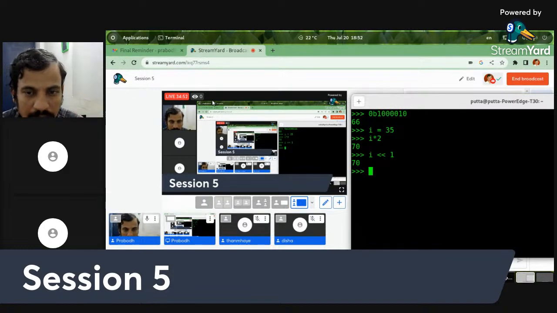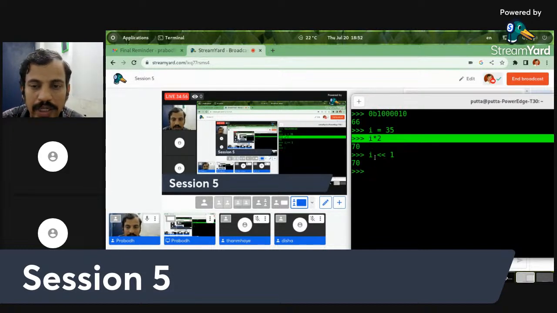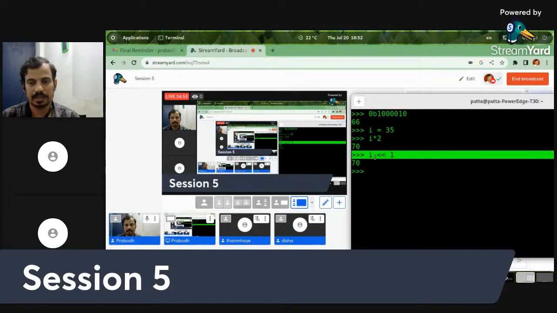Suppose I ask you to multiply 35 by 2 using this method and this method. Which one is simpler? Left shift. Why? Because you don't need to do any new computation. Just existing bits, you just shift, and whatever vacancy is created, you just fill it with zeros.